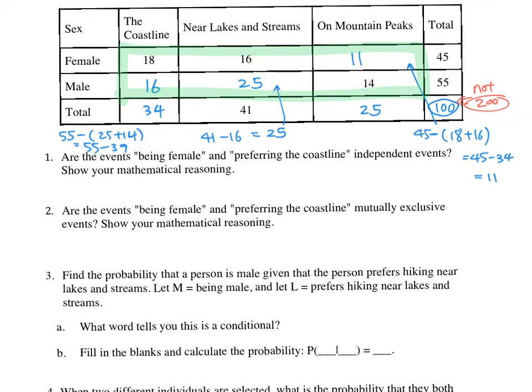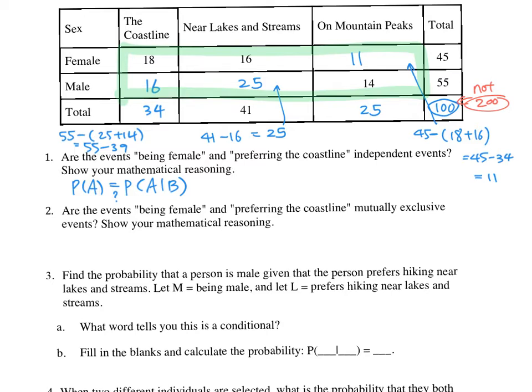So the first question: being female and the coastline, are they independent events? Here I'm looking to see if two events are independent. We have to see if the probability of A is equal to the probability of A given B. I want to see if these two things are equal to each other. As I said before, sometimes these numbers will be equal, sometimes they will be different.